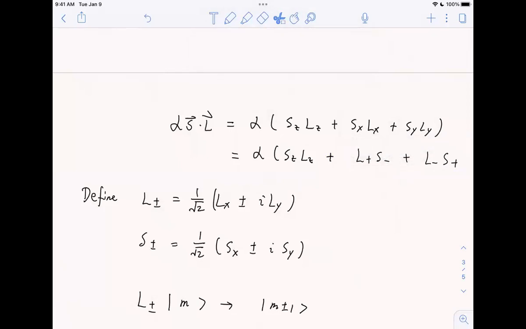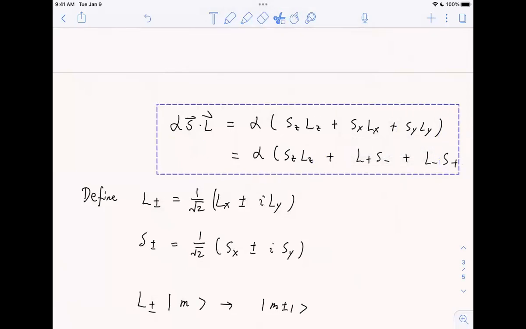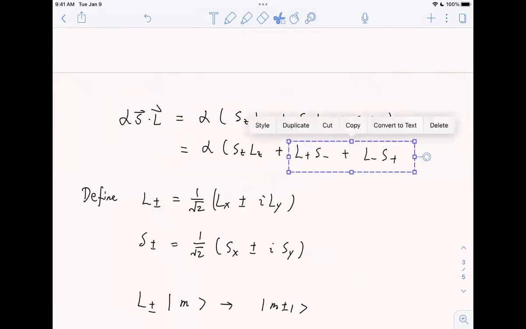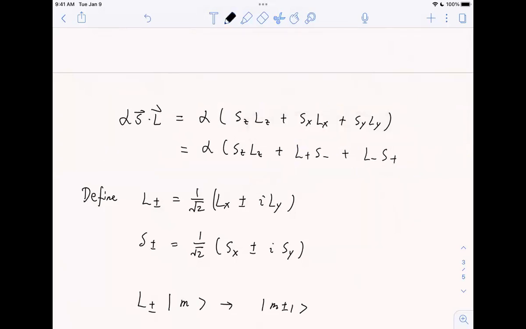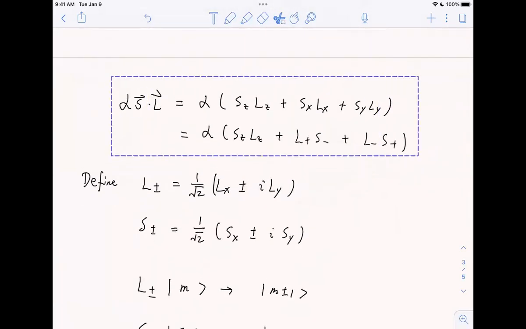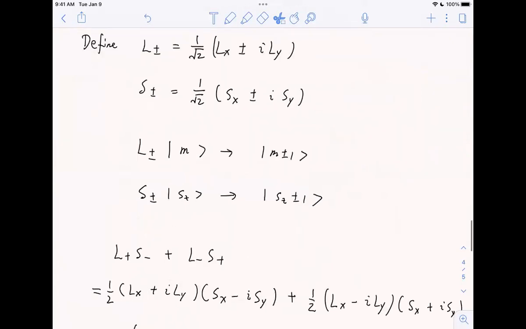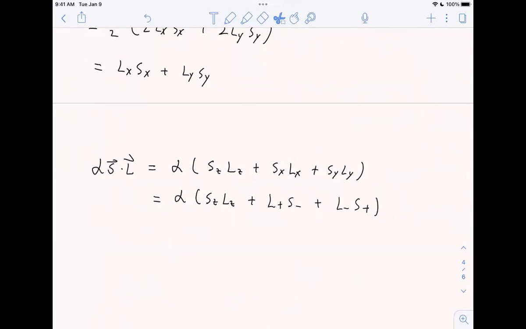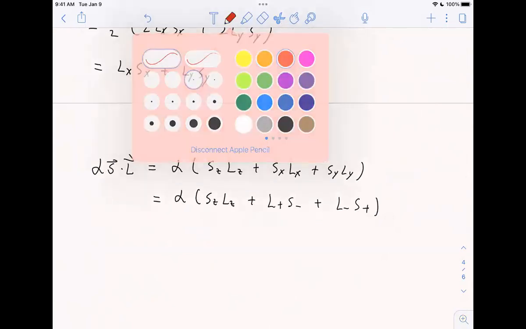Okay, so now you change into this form. This is the spin-orbit coupling that we separate into two parts. Let me copy this. So let's analyze this term.